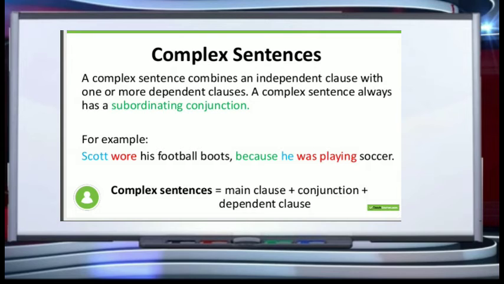So the complex sentence has a main clause plus a subordinating conjunction and a dependent clause. So, children, a complex sentence has one independent clause and one or more subordinate clauses which are joined to the main clause with the help of a subordinating conjunction.